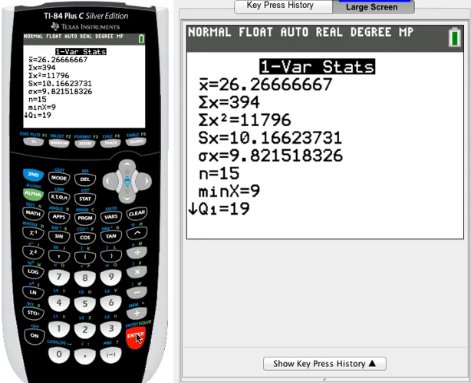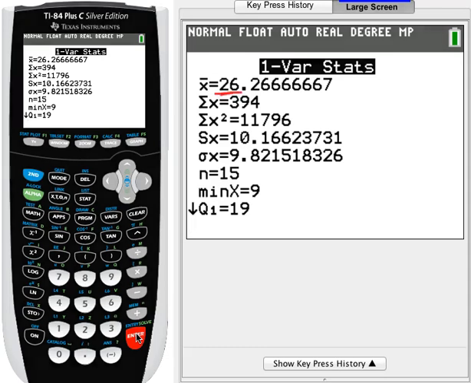Some things I want you to notice. X bar, right here, is my mean. So the one variable statistic calculated the mean for me. And what else?